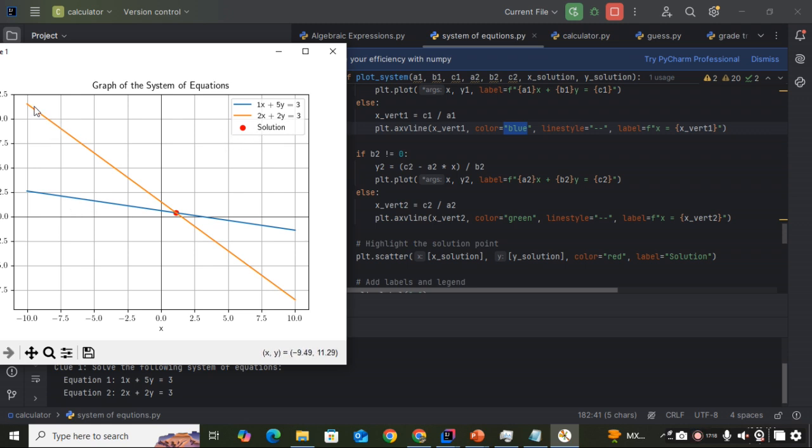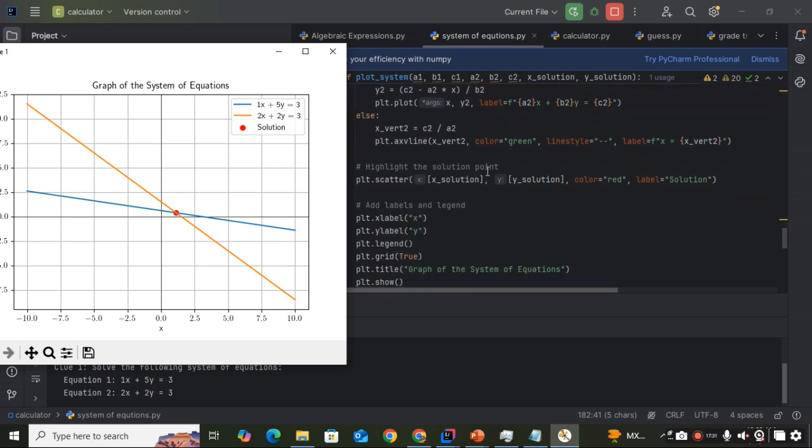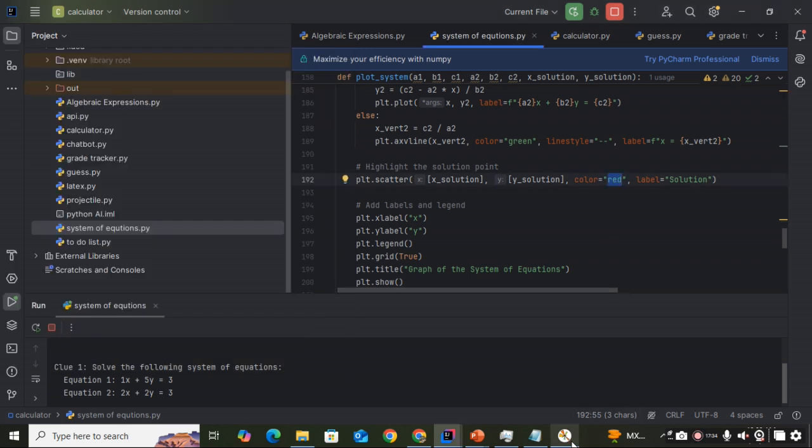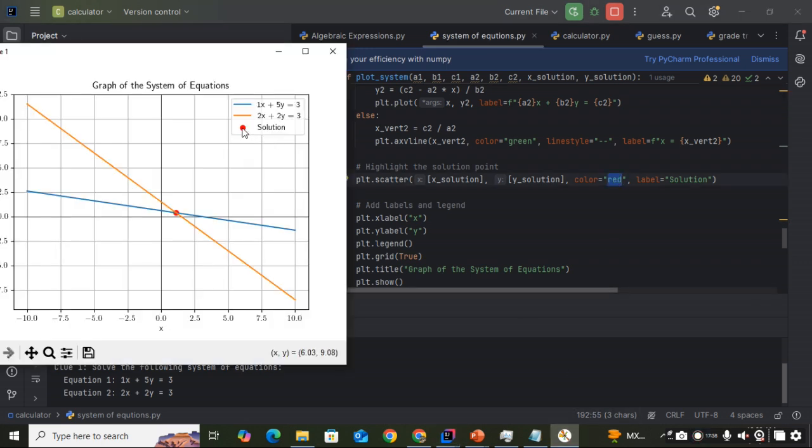So we have the line 2x plus 2y equals 3. The solution is represented here to be the intersection of the two lines. So we highlight the solution point, and the color here is red. Do we see the red? Yes, it's a red dot, and we label that as the solution.